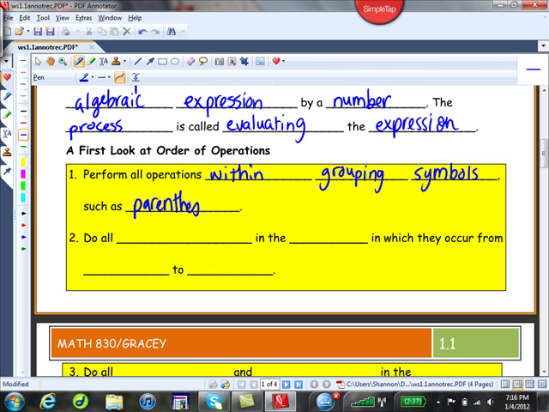Do all multiplications and divisions in the order in which they occur from left to right.